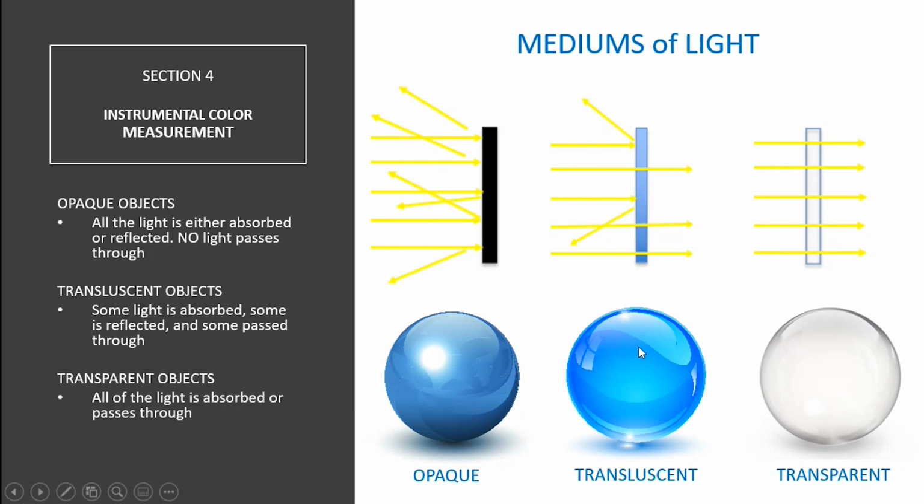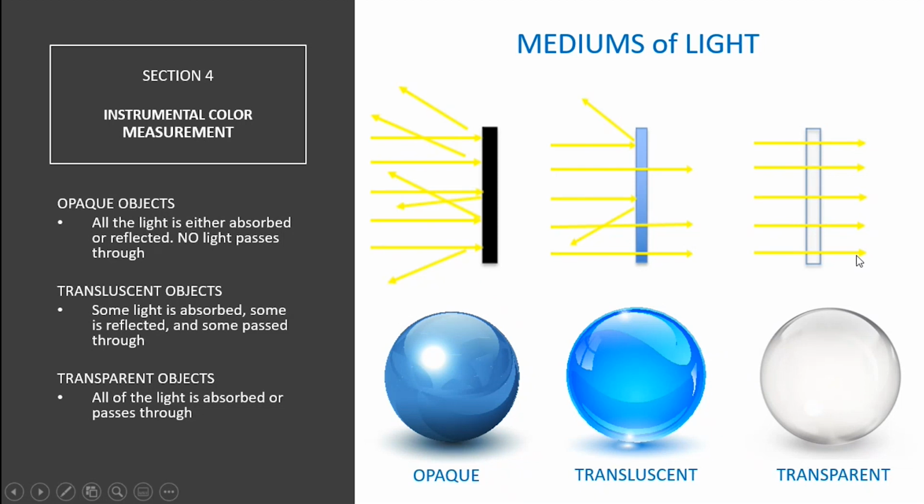Translucent objects are not quite transparent, and you're going to get some light passing through, and you're going to get some light reflecting off, and again, some is going to absorb into the sample itself. And with transparent objects or samples, pretty much all of the light passes through the sample. You get some first surface reflection, scattering, but for the most part, all the light is passing through.